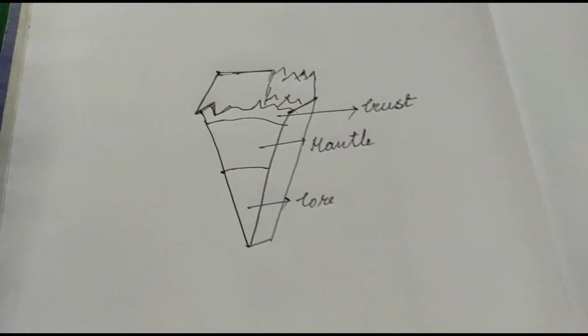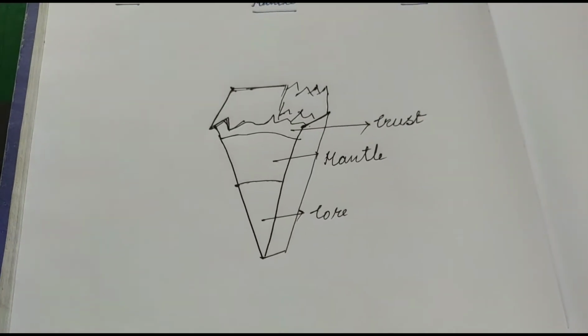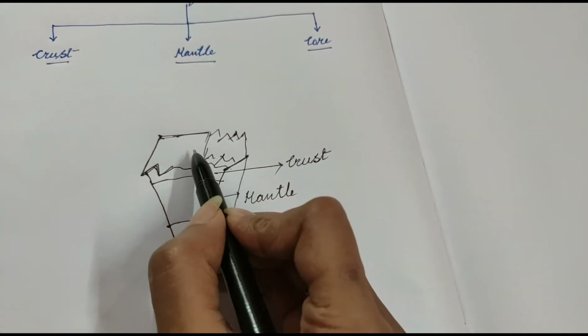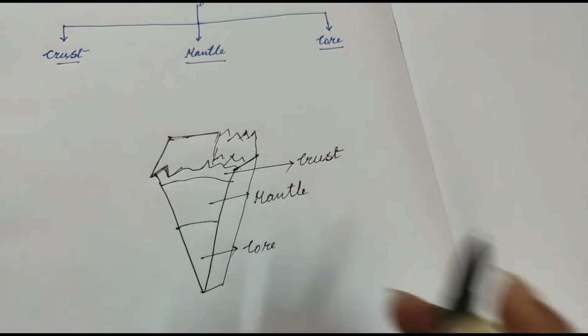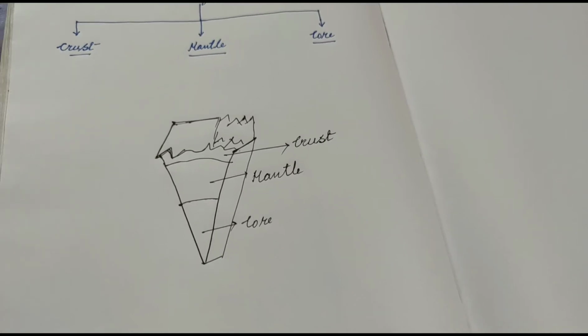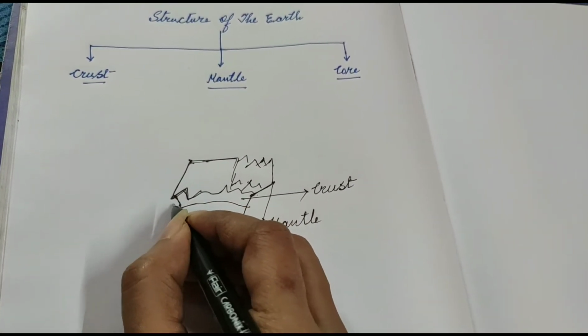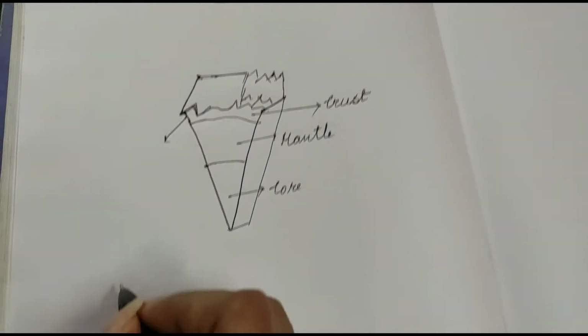So now I will explain these three parts. Here you can understand these are the upper part of our Earth's surface. Our first part is the crust.